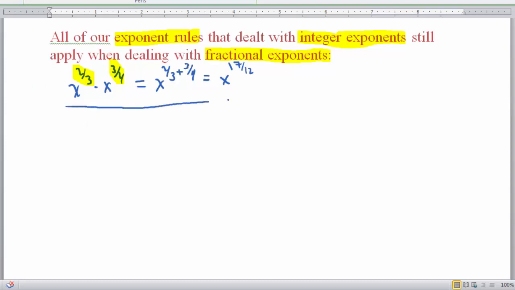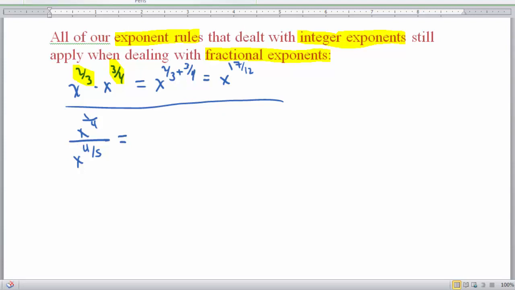And then, of course, when you divide, like, if I was dividing x to the 1/4 by x to the 4/5, what do you do when you divide? You just subtract the powers.